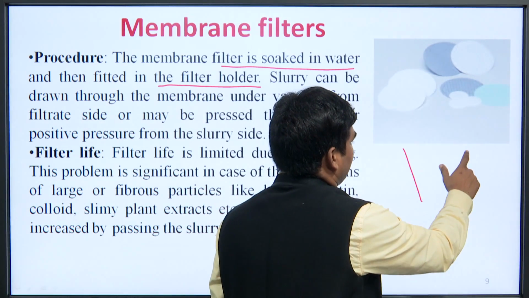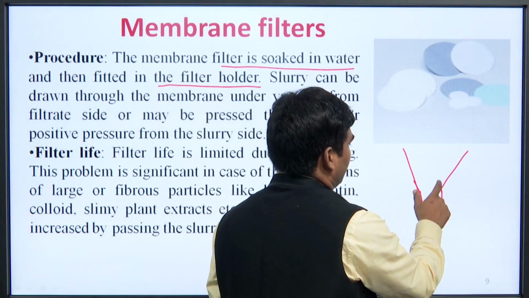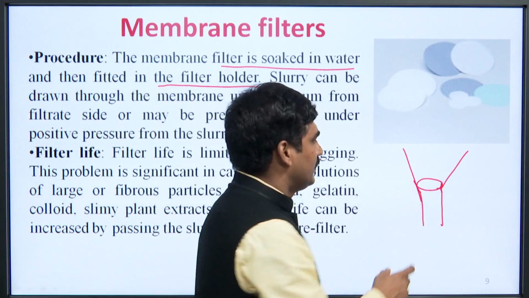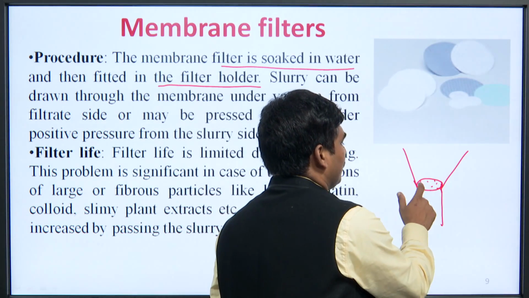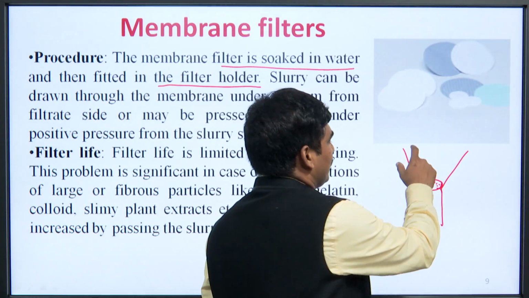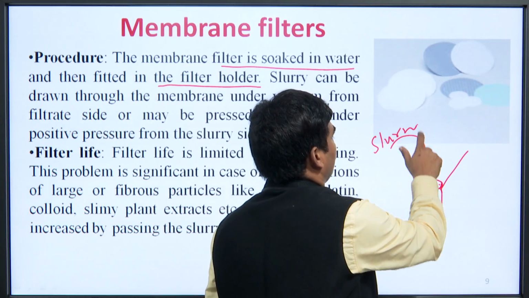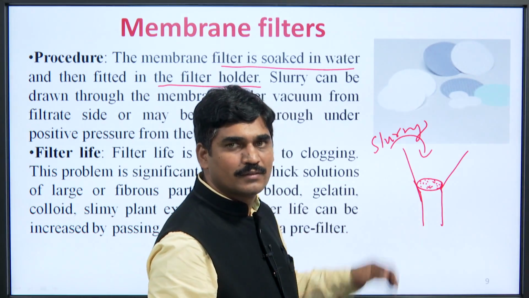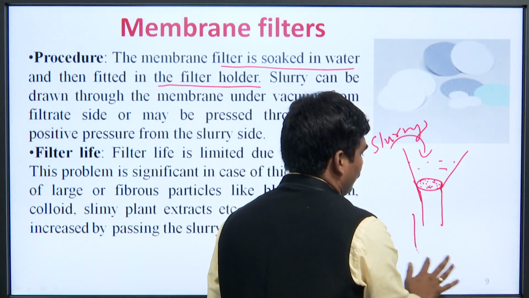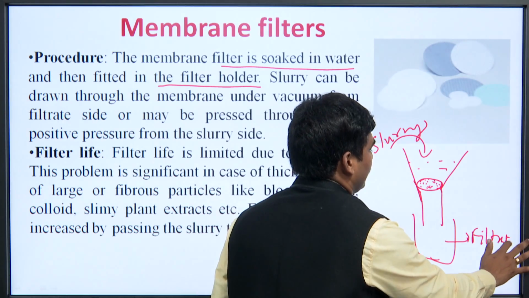Let us suppose this is a funnel. After soaking the membrane filter in water, it is fitted into this membrane filter holder. After that, we put the slurry in this membrane filter holder, and from the bottom the filtrate can be collected.